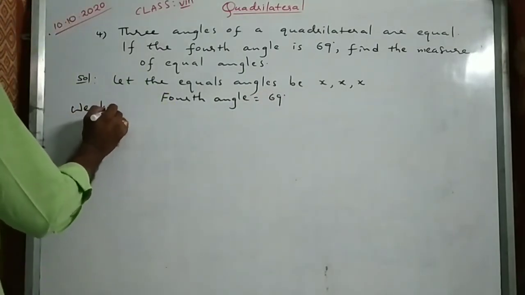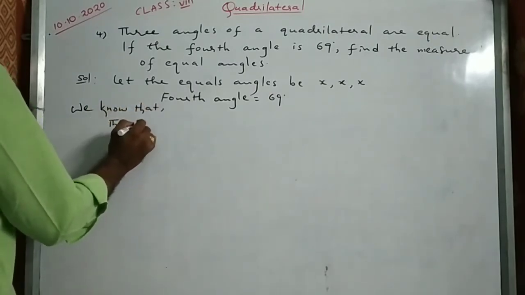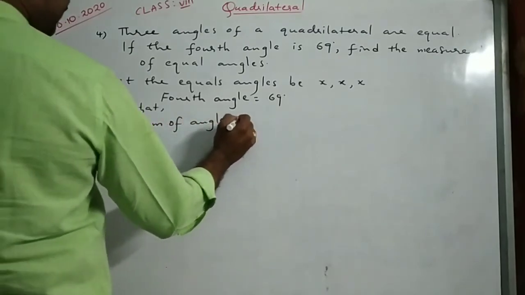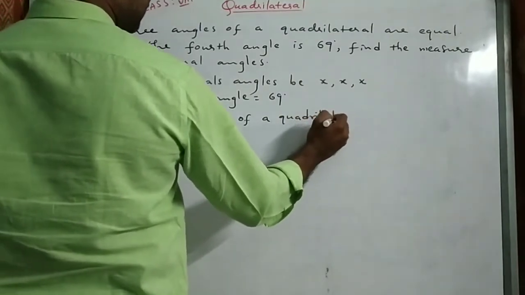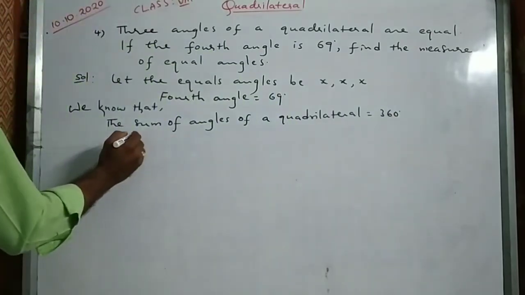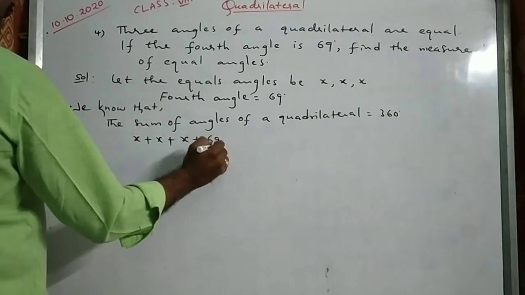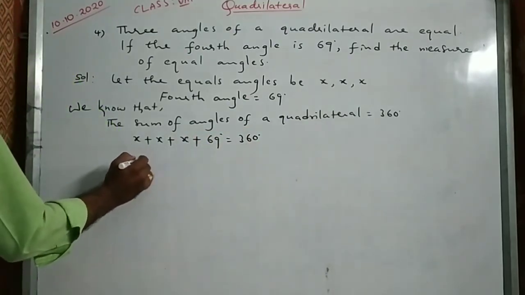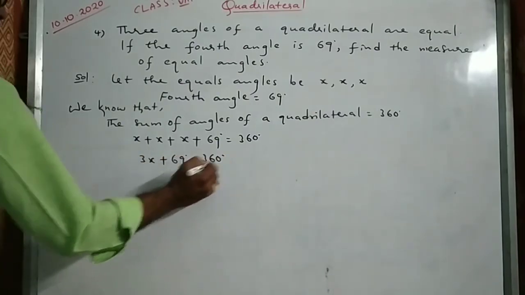We know that the sum of angles of a quadrilateral is 360 degrees. So x plus x plus x plus 69 equal to 360 degrees. Here 3x plus 69 equal to 360.